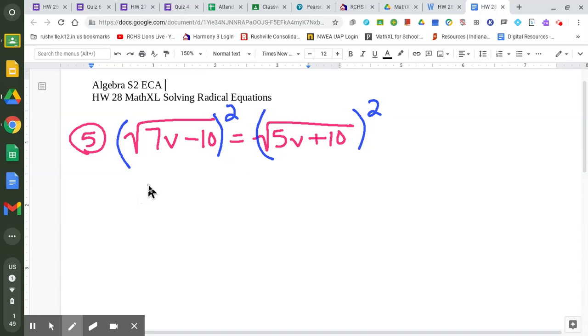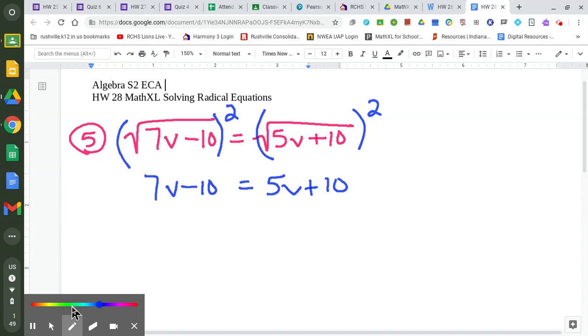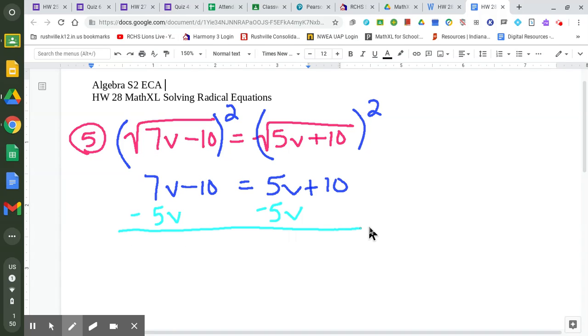When I square a square root, the square root box goes away. And now I'm ready to solve. So I'm going to do minus 5v on both sides of the equal sign.